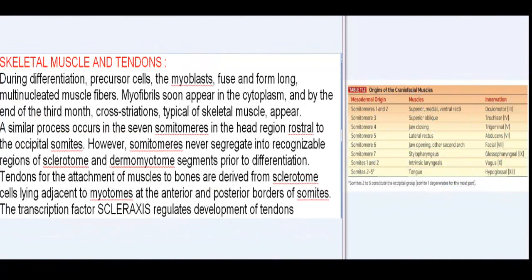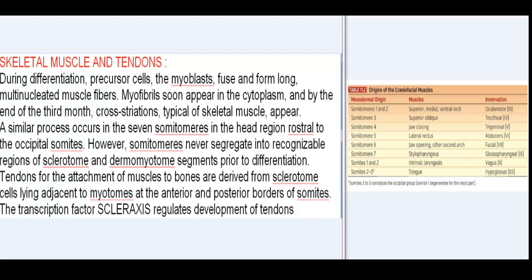Skeletal muscle and tendons. During differentiation, precursor cells, the myoblasts, fuse and form long, multinucleated muscle fibers. Myofibrils soon appear in the cytoplasm, and by the end of the third month, cross striations, typical of skeletal muscle, appear. A similar process occurs in the 7 somitomeres in the head region rostral to the occipital somites.